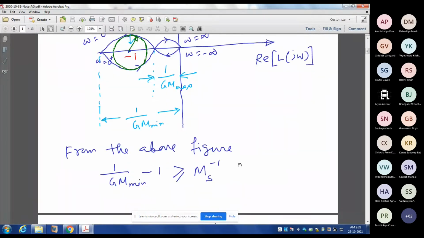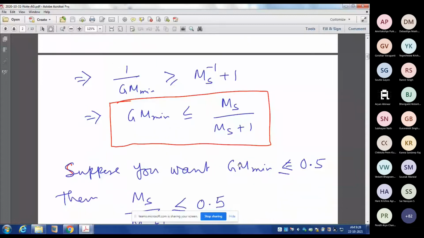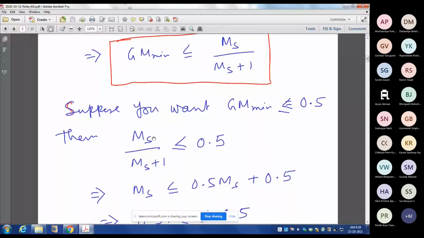Now suppose you want to have GM min less than or equal to 0.5, or GM min less than or equal to minus 6 dB. What should your Ms be then? Ms by Ms plus 1 is less than or equal to 0.5, and then you can say that Ms is less than or equal to 1.